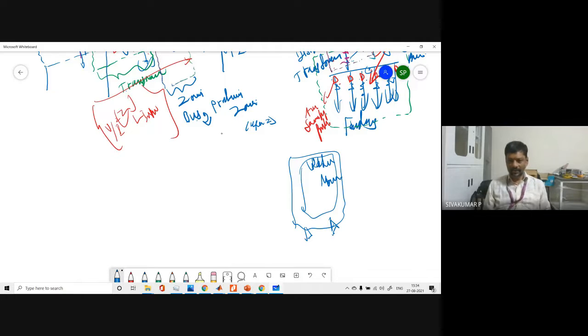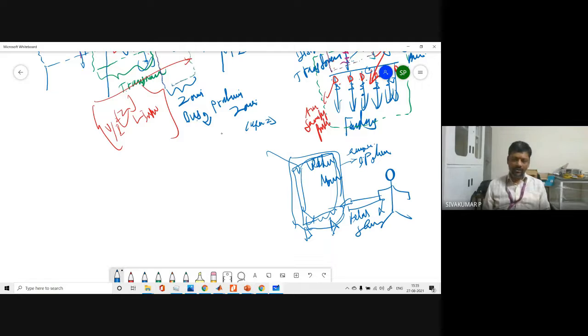Suppose due to some reason, due to the induction effect, the body of the machine becomes energized by electrical potential. Suppose a human being touches the body of that machine, they immediately experience an electrical shock.